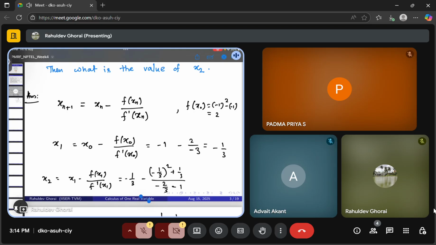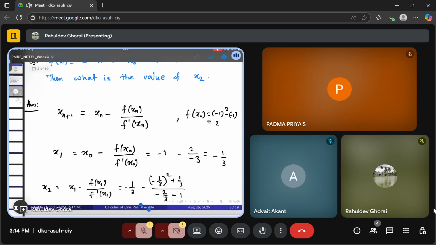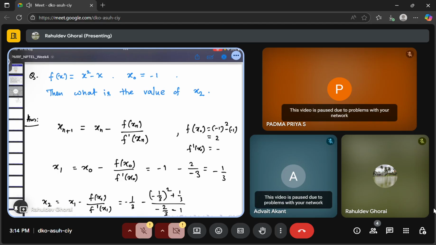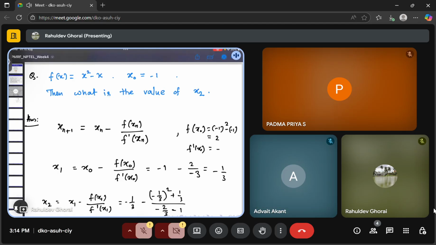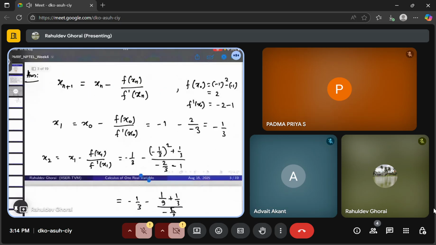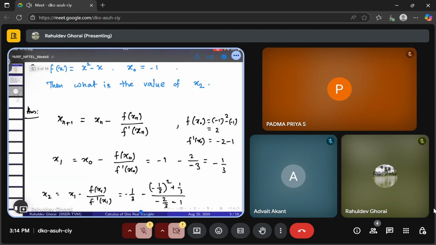So f of x0 is 2, and f prime x0 will be minus 2 minus 1, total minus 3.